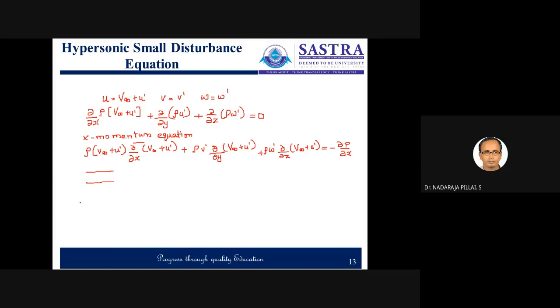In the energy equation we have v infinity plus u dash into dou by dou x of p by rho power gamma, plus v dash into dou by dou y of p by rho power gamma, plus w dash into dou by dou z of p by rho power gamma, that is equal to 0.